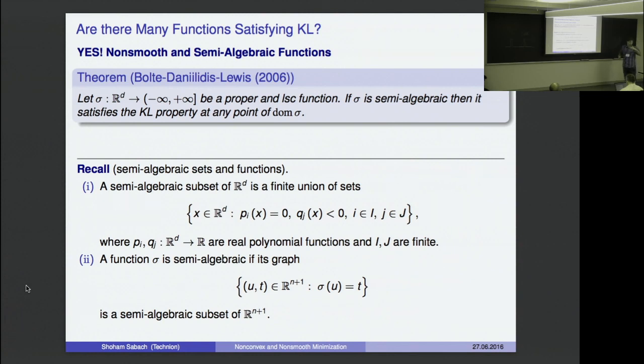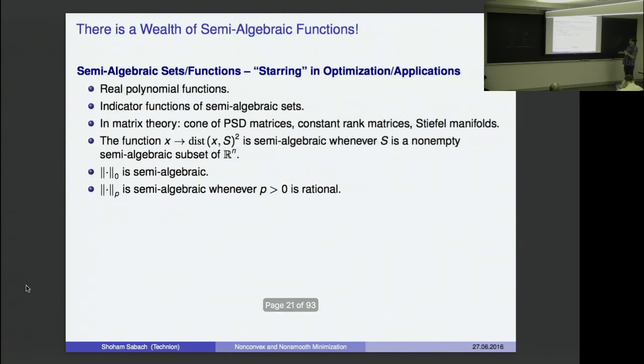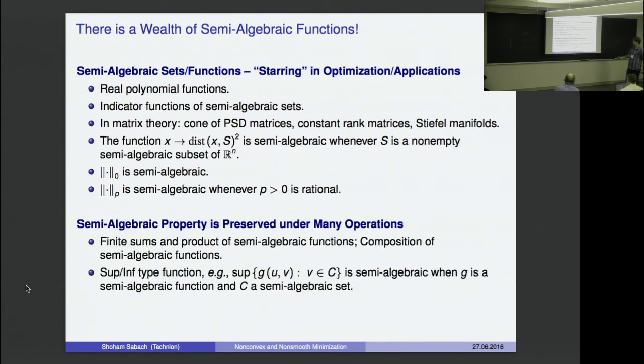In order to fully convince you, I will show you a short list of semi-algebraic functions. You see that most of the functions quite often appear in optimization problems. Of course, all the sparsity inducing norms, the L0, the L1, functions of matrices, and so on and so forth. And actually, you can generate more semi-algebraic KL functions by using the following operations, which all preserve semi-algebraicity.